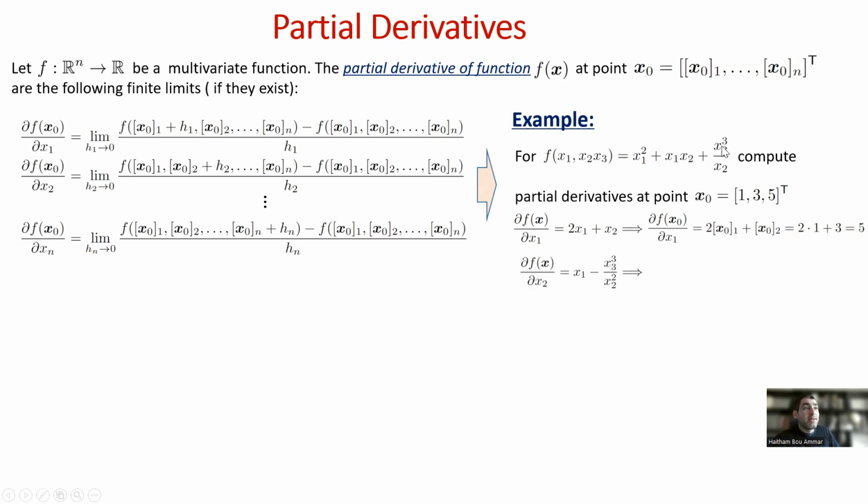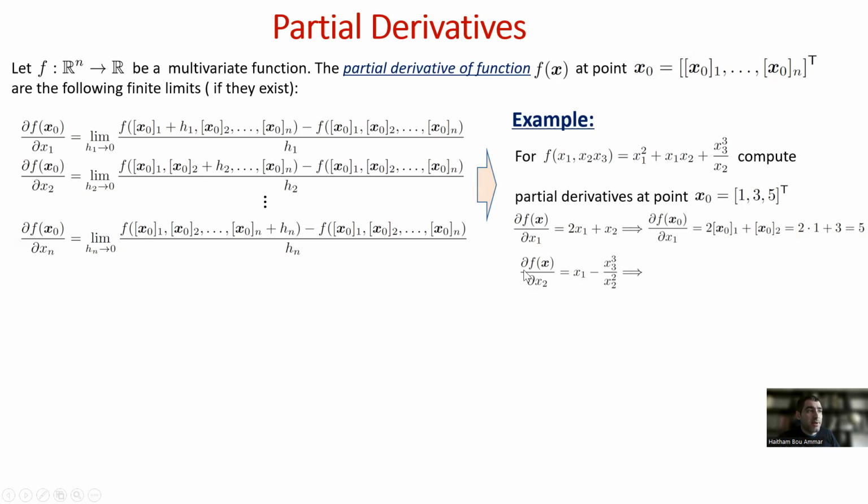But we have to take the derivative of 1 divided by x2, and following the quotient rule, you can find that it's nothing but minus 1 divided by x2 squared.